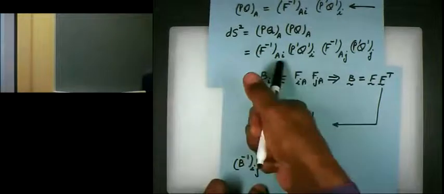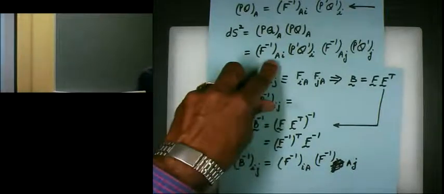So F inverse AI, so F inverse transpose will be IA, F inverse, sorry, AJ. F inverse has the first index capital and the other one lowercase.